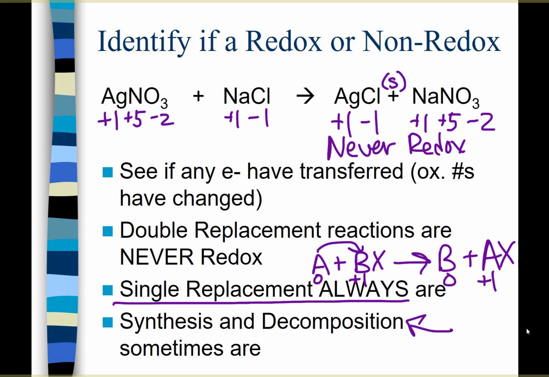Synthesis and decomposition sometimes are redox reactions. Those you have to assign oxidation numbers and see if anything's changing. Initially, when you look at a reaction, if you see it's a double replacement, you know automatically it is a non-redox reaction. And if you see that you have a single replacement, you know that it will always be a redox reaction.